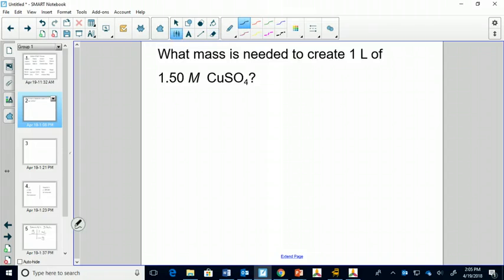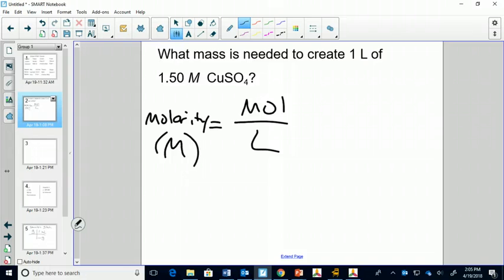So what is my equation to find molarity? Moles of solute over liters of solution equals molarity, and that's the big M. But if I know molarity and I know volume, how can I solve for moles?